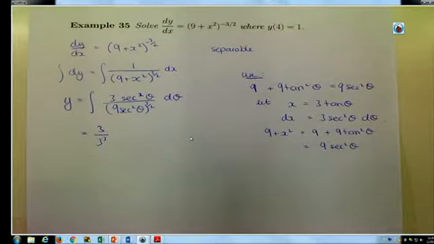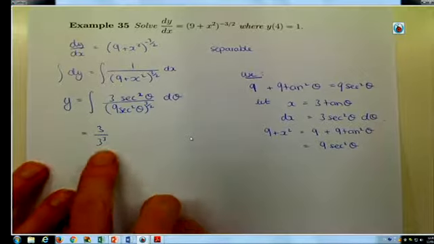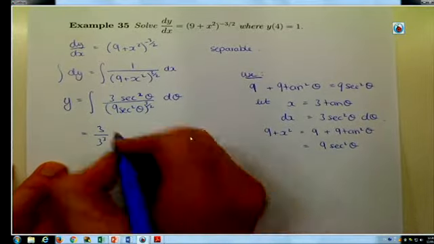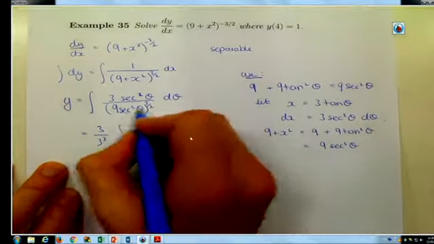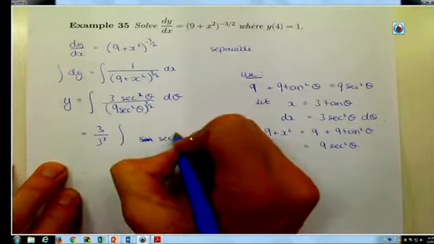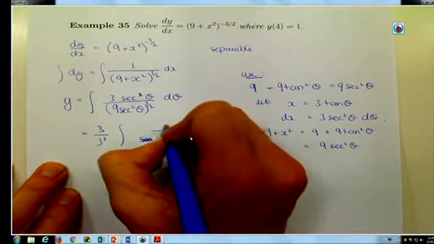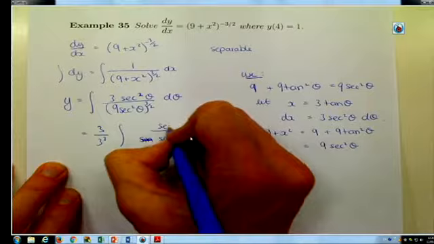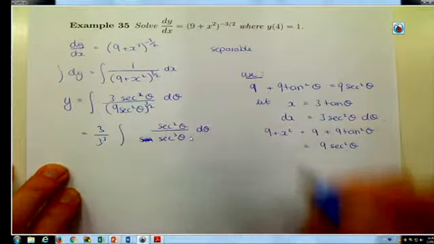Everyone's happy with that? 2 on the bottom means square root, which is 3, and then we want to cube it. And the same thing here, we get sec cubed theta, and sec squared theta d theta.